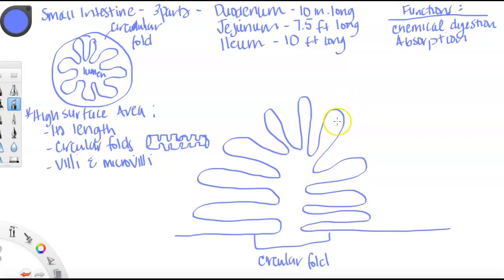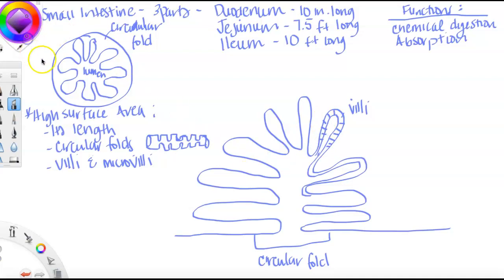And in it, the circular fold is made up of villi. Okay, the villi is covered with epithelial cells that are simple columnar.